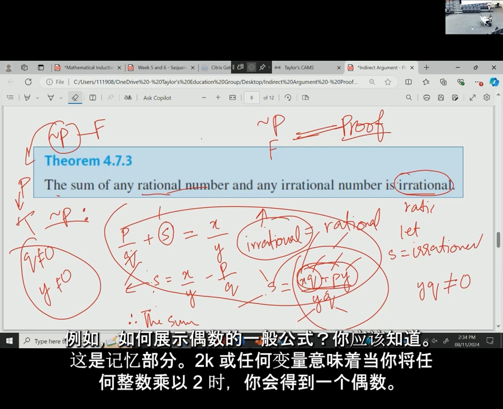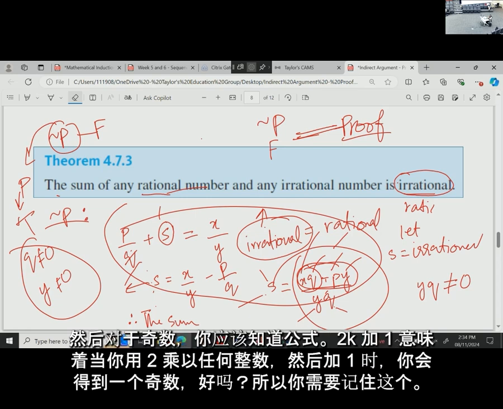That is the memorization part. 2k, or any variable, means when you multiply any integer with 2, you get an even integer. Then for odd, you should know the formula. 2k plus 1 means when you multiply 2 with any integer and then add 1 to it, you get an odd number. Okay, so this you need to memorize.